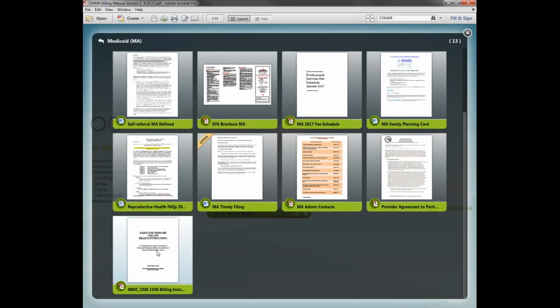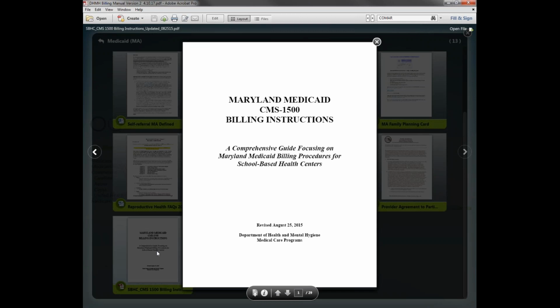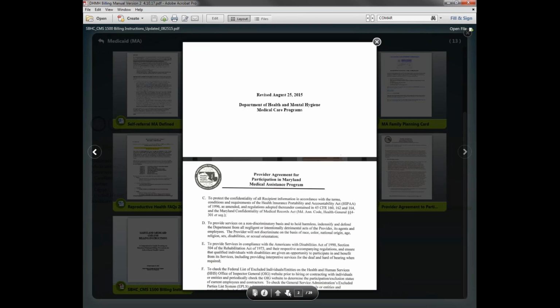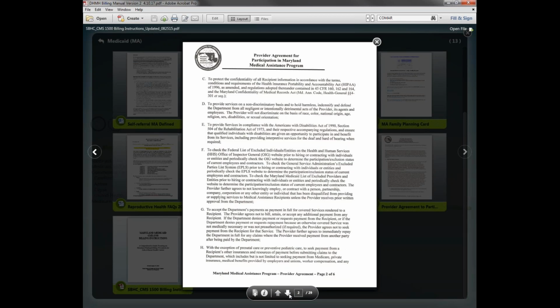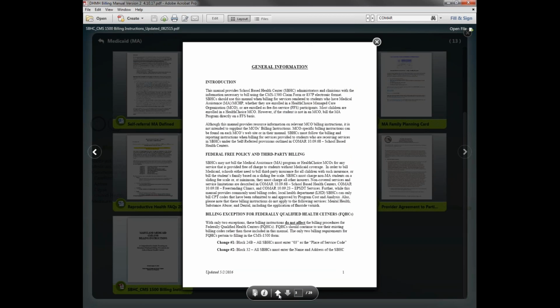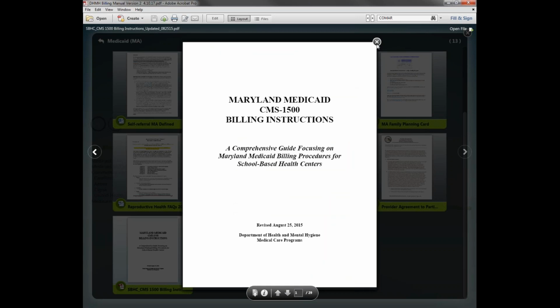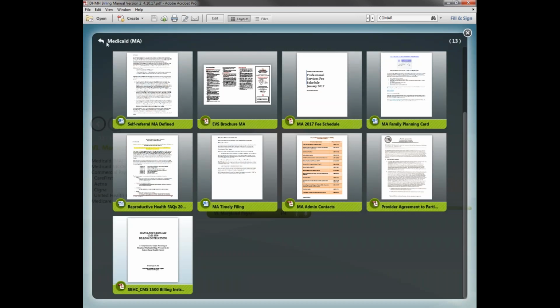See, we have a lot here. And then this is the 2015 Maryland Medicaid Guide for School-Based Health Systems. This one really was updated in 2016, but the cover wasn't updated, so just so that you know that it is more current than it appears to be.